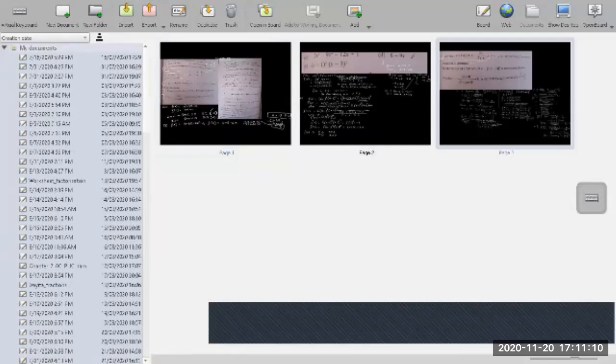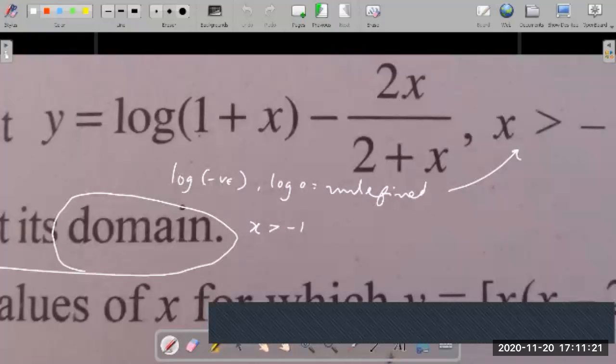Then I'll have another page. So we go back to this. Next page.